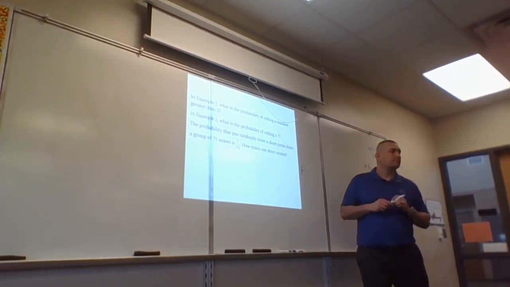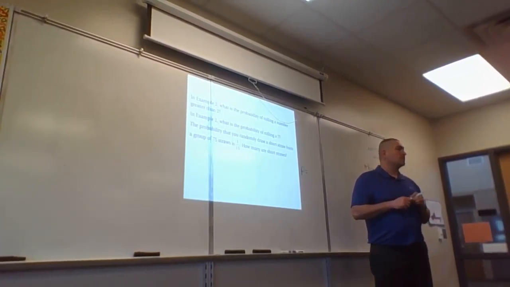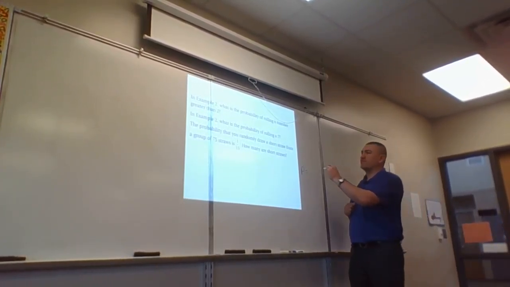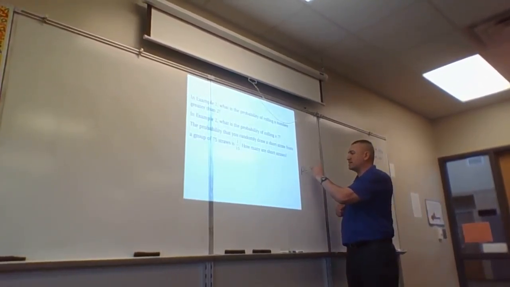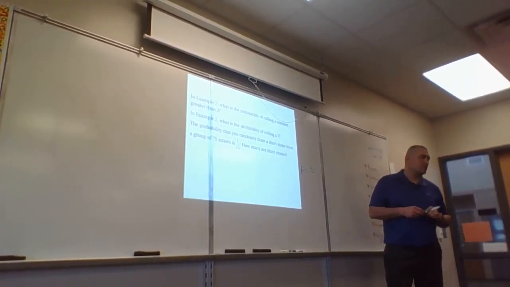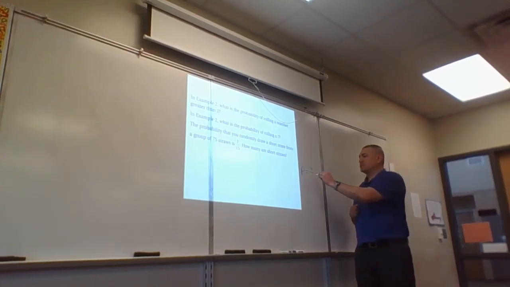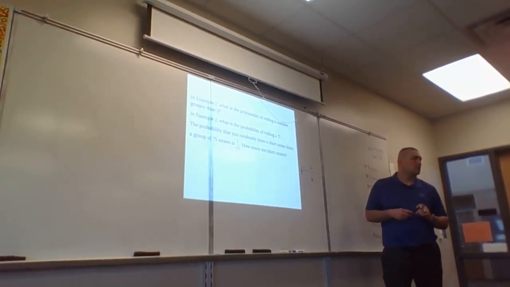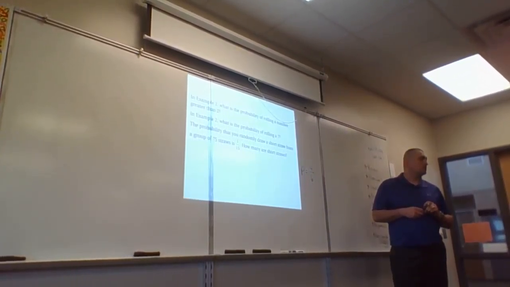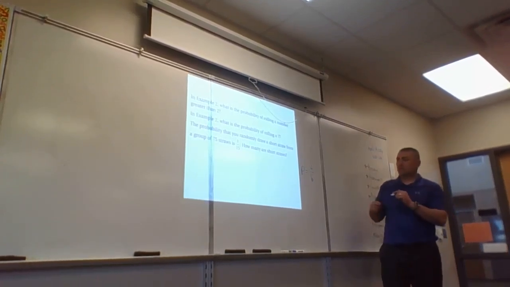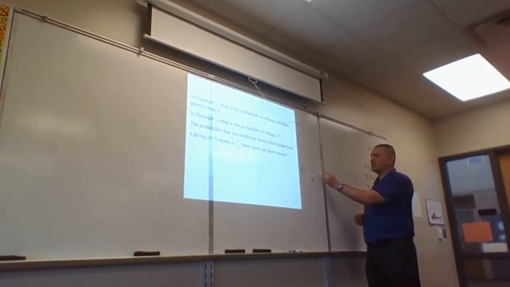Why is 4 on top? Because that's all that's left. What do we call those? Favorable outcomes. We have 4 of them: 3, 4, 5, and 6. And how many possible outcomes are there? So what do we do next? Reduce our fraction. What's that reduced to?